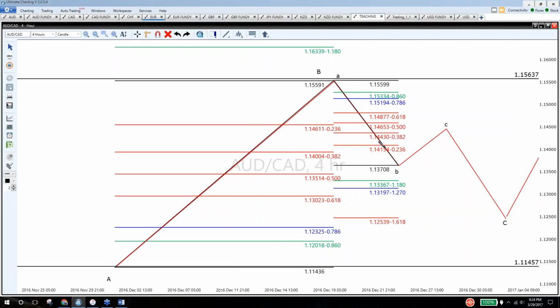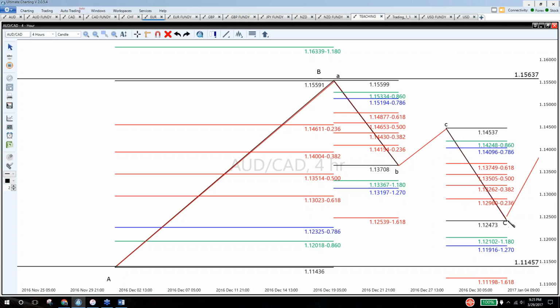What happens when ABCD gets fulfilled? Perfect, Anthony, absolutely. C becomes A, D becomes B, right? Just like the rules stipulate. So if that's the case, I can draw another sub AB boundary.